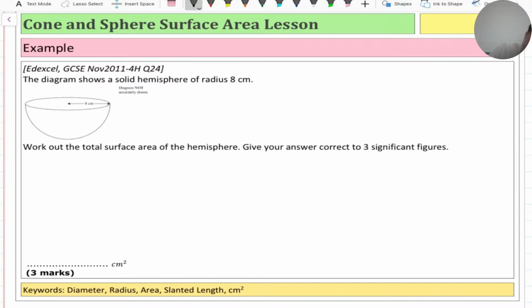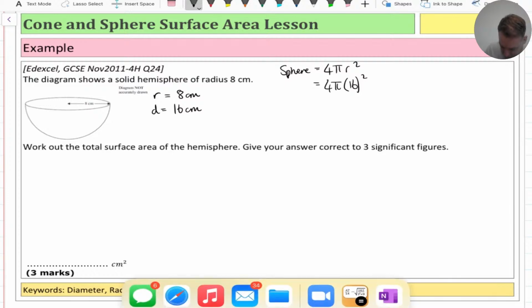So we know that the surface area of a sphere is equal to 4 pi r squared. Let's just write down what the radius and diameter is first. So my radius is equal to 8 centimeters. My diameter is equal to 16 centimeters there, like so. So the sphere is going to be 4 pi times by 16 squared.